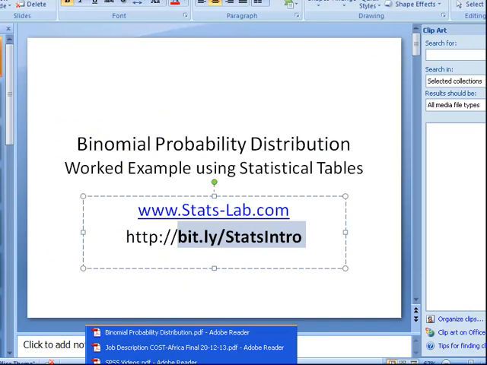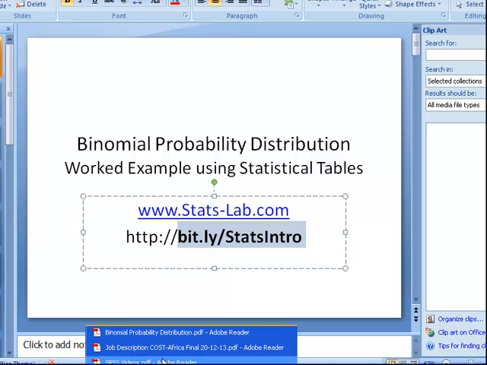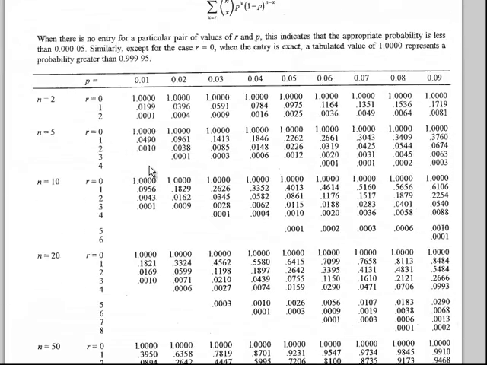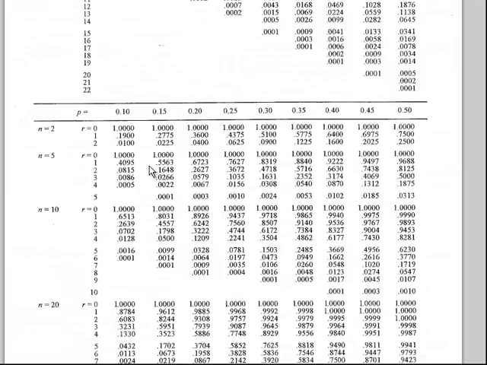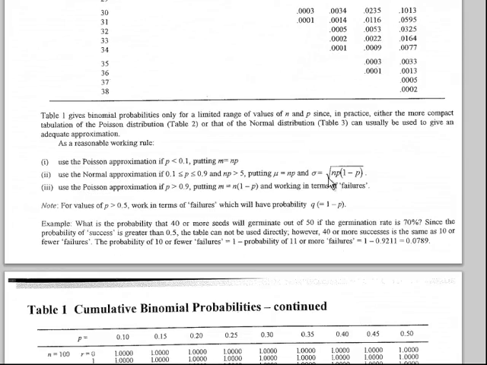Let's go back to the tables and see if there's any clues there. Let's say we had forgotten what it was. I'm starting at the top here and scrolling down through the statistical tables, and I draw your attention to these values here.